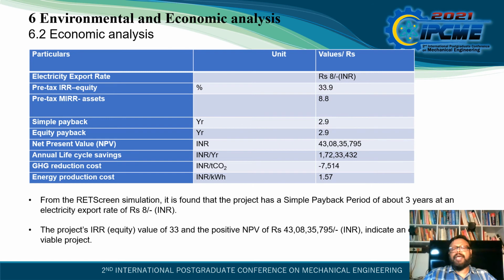So the main figures are the simple payback of about 3 years and the NPV, a very high positive value. That is very important. And the IRR above 12 or above 15 makes a sound significance of the project.